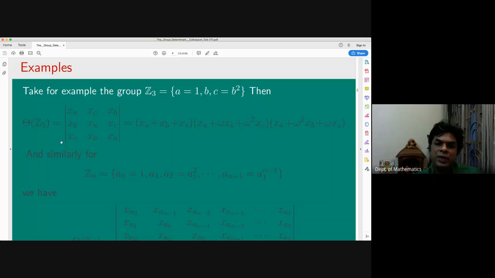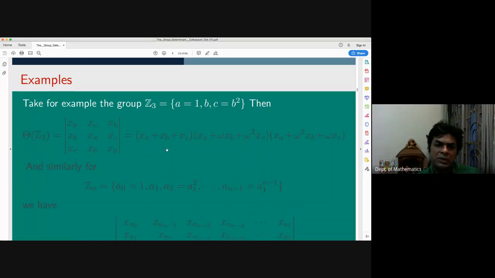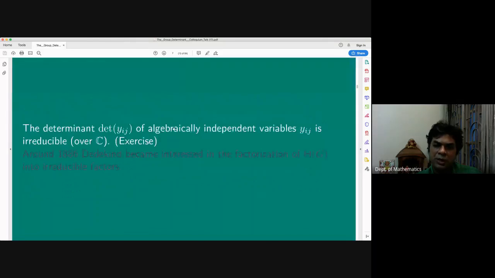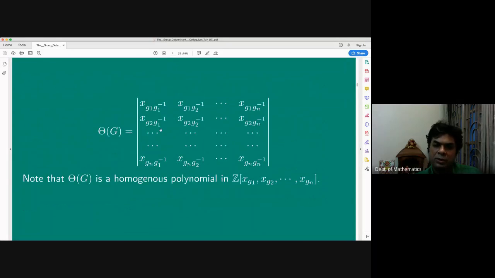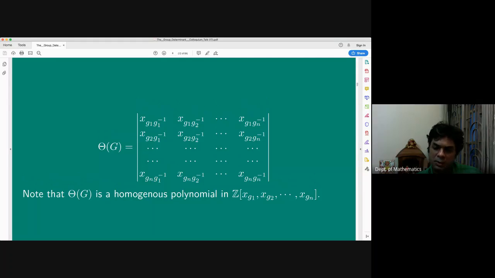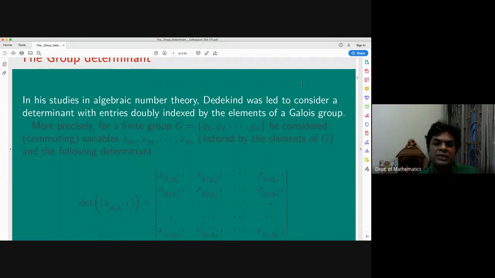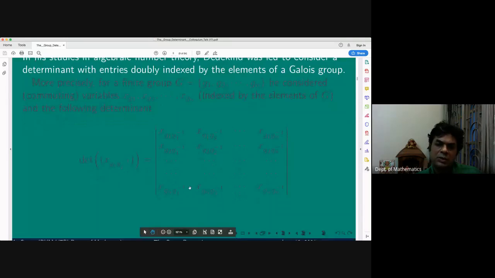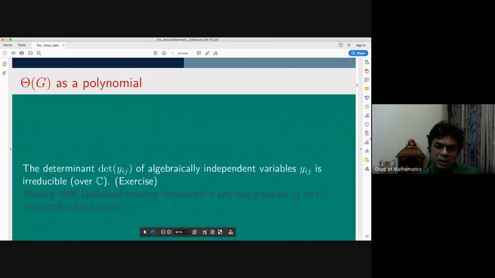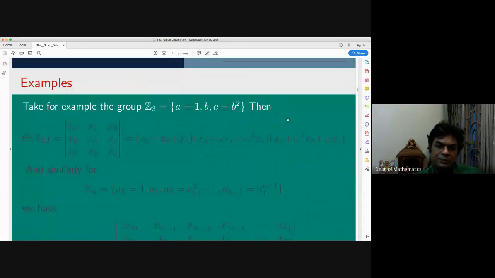Then if we try to write down the group matrix, the entries we are writing are x of g_i g_j inverse. If we write these for this group Z3, then we'll get this matrix: XA, XC, XB.